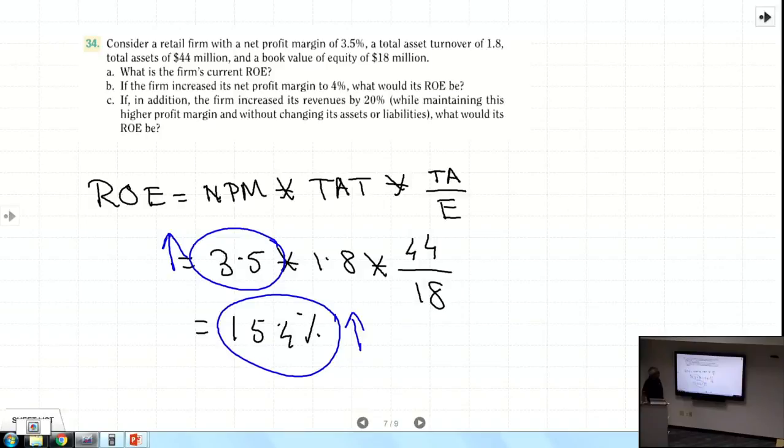That will also increase its ROE because total asset turnover would increase. Total asset turnover is revenue over assets. So if revenue increases, then total asset turnover increases, and that will also increase ROE. So with that, it concludes the problem tutorial for Chapter 2.